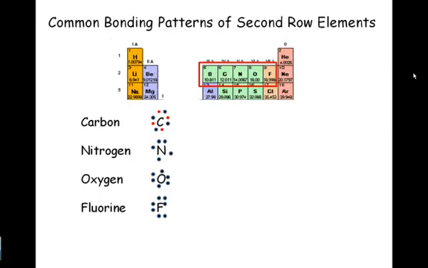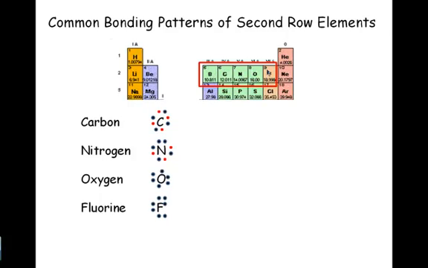If we move over to nitrogen, now nitrogen has 5 electrons in its valence shell. It can accept 3 electrons to make an octet. So nitrogen can form 3 bonds. Oxygen now has 6 electrons. We're moving over 1 family at a time. 6 electrons.